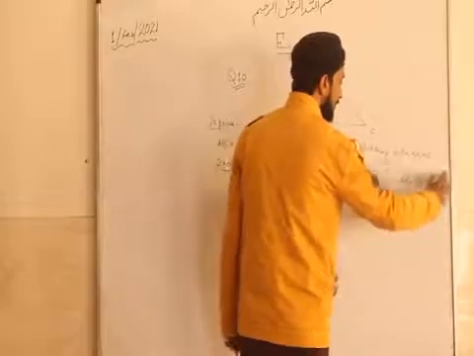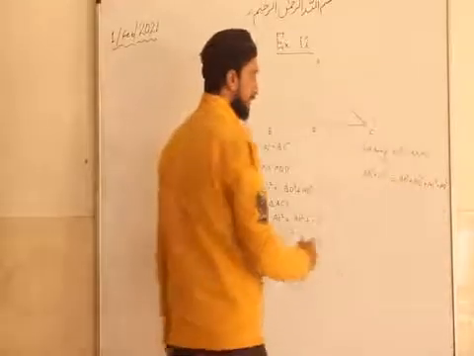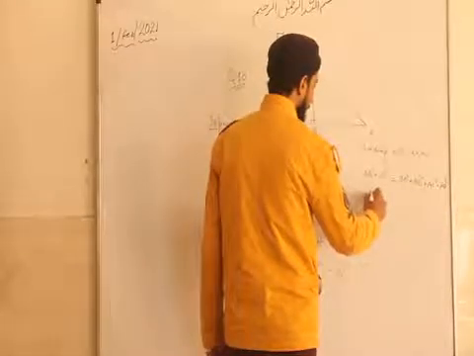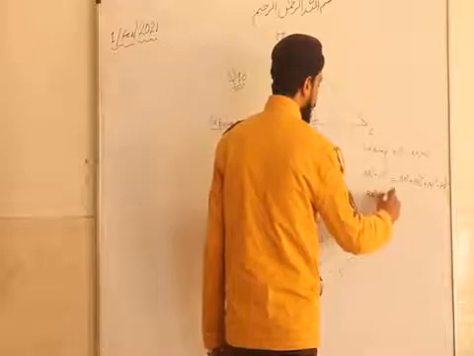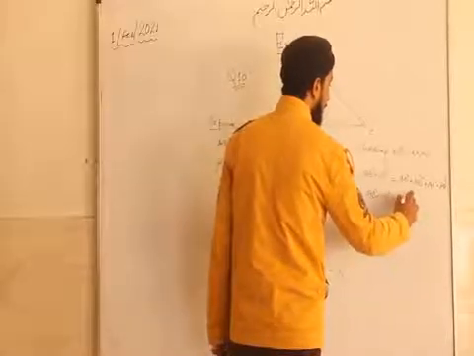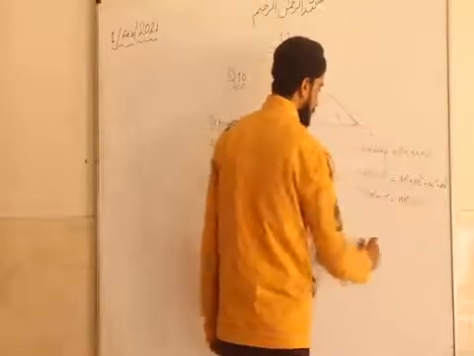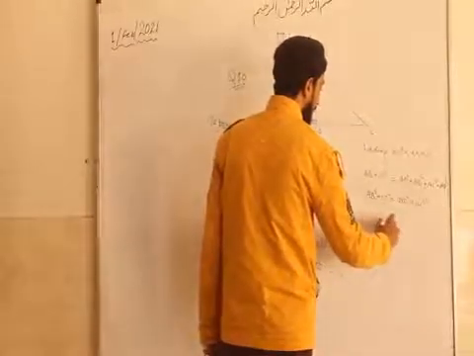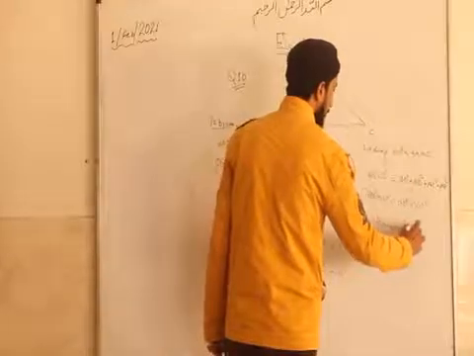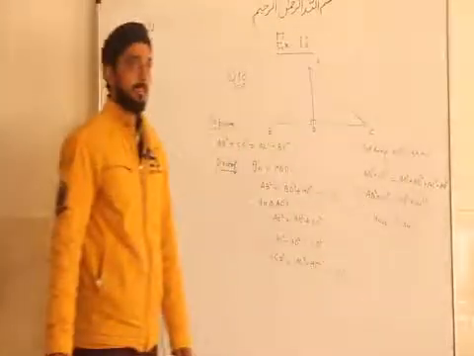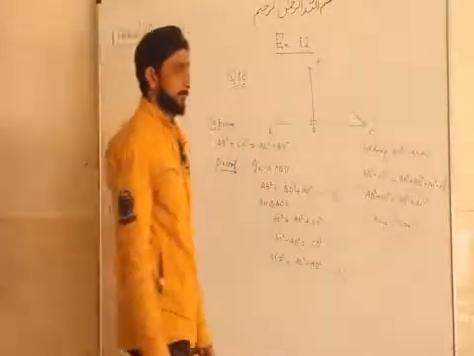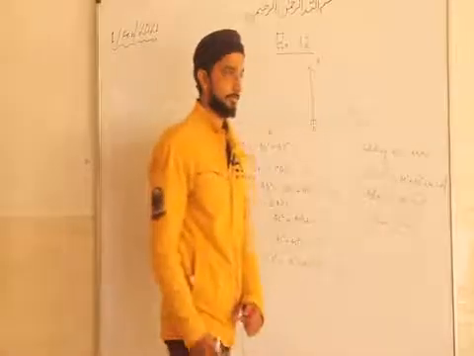Okay, so these common terms with different signs will cancel out. We get AB square plus CD square is equal to BD square plus AC square. So this was the condition that we had to prove. So we can write here, hence proved. Okay, so you can write it.